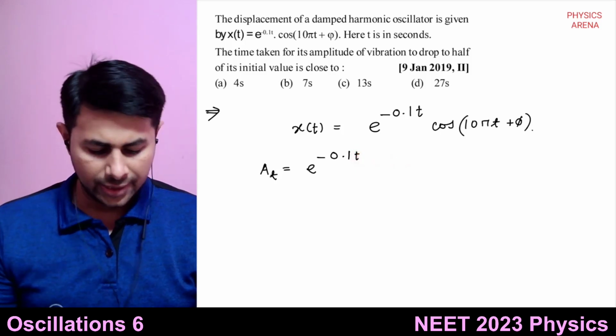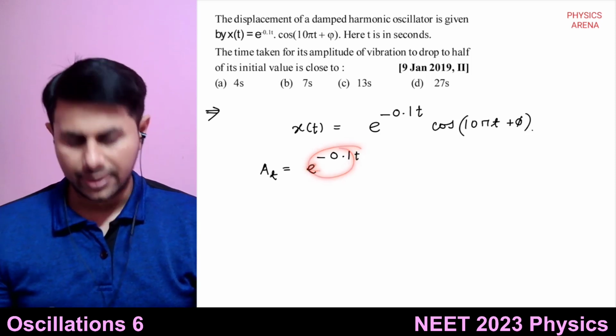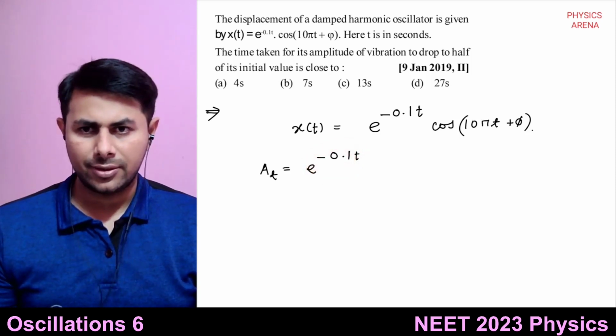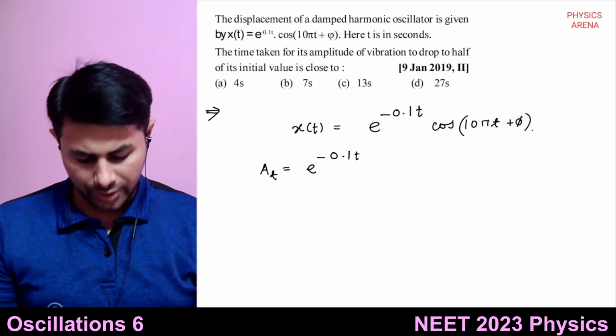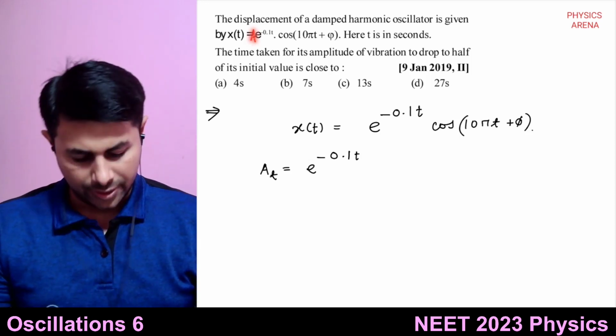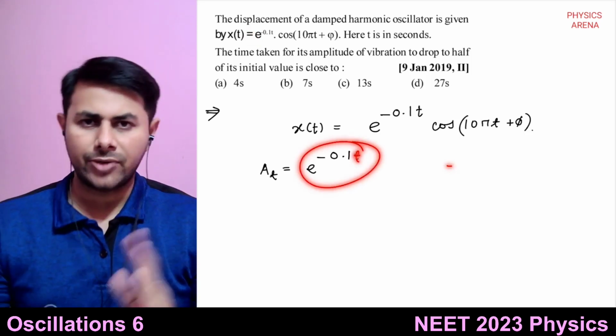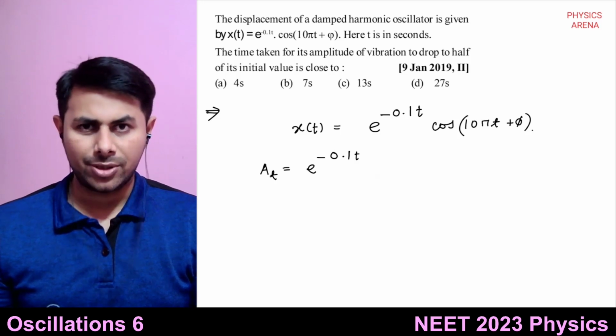Okay, so anything raised to 0 is 1. So this thing raised to 0 is 1. That means initial value is 1, right? Okay, there is no other multiple here, right? So put t equals to 0, this thing becomes 1. So that is the initial amplitude.